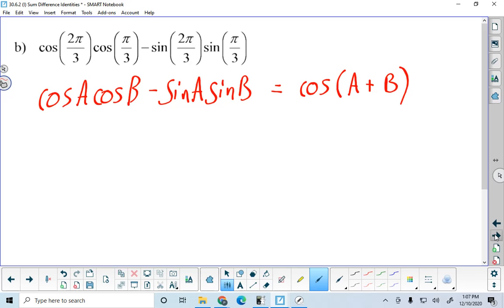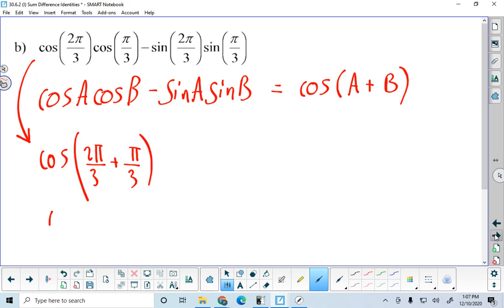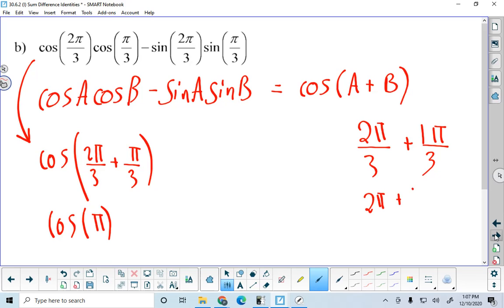That's what the identity is, which means that this expression is cosine of 2 pi over 3 plus 1 pi over 3, which is cosine of pi. 2 pi over 3 plus 1 pi over 3 is 2 pi plus 1 pi all over 3, which is 3 pi over 3, and the 3's cancel, so you're left with pi.